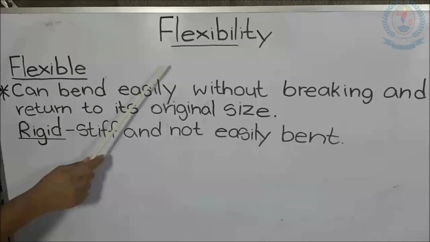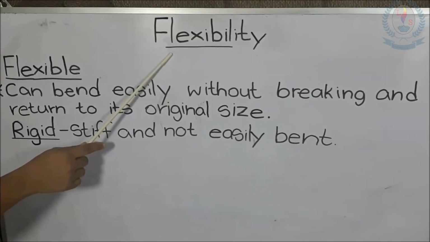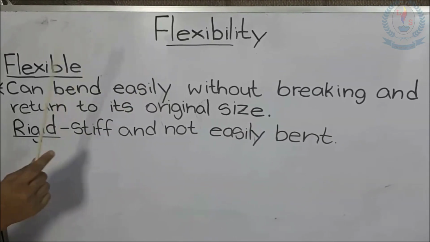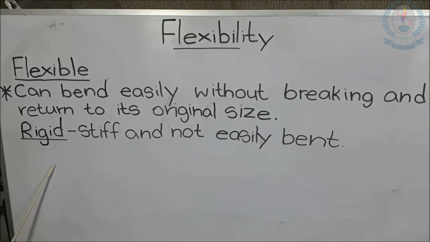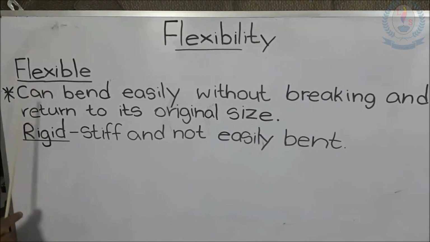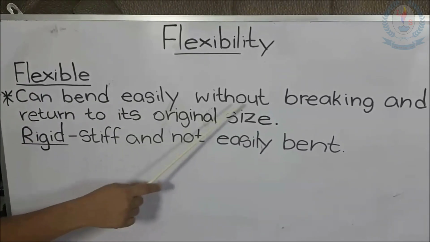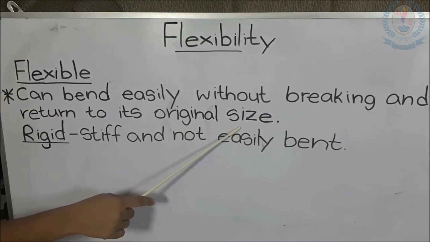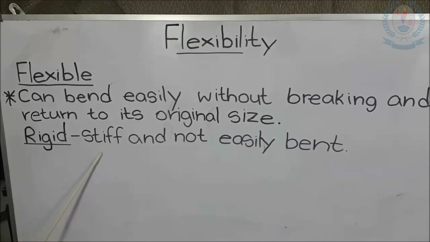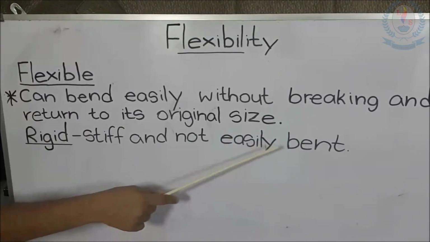Now I am going to discuss the property flexibility. Some materials are flexible, some are rigid. Flexible means it can bend easily without breaking and return to its original size. Rigid means stiff and not easily bent.